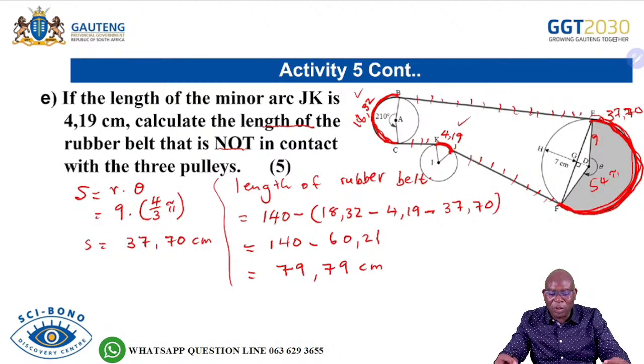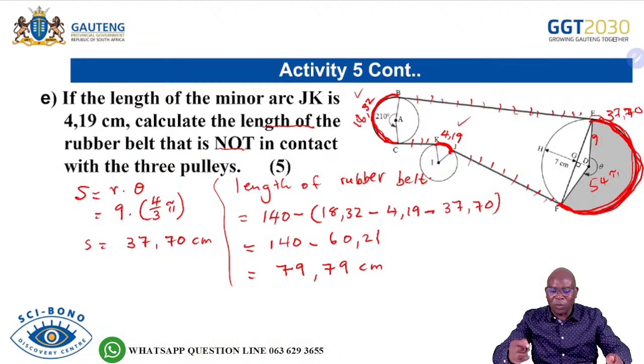And I know in this question, can you imagine if it was just one question of 10 marks to say calculate the length of the pulley? But in the exam, what they do, they break down this question nicely from A to E. So you can see from A to E, we're trying to get all the things that we need to do.